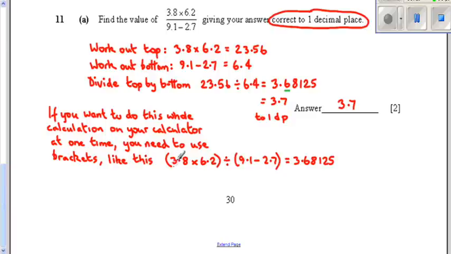So you start off with the bracket, 3.8 multiplied by 6.2, close the bracket, then divide, open another bracket, 9.1 minus 2.7, close the bracket, press equals, and you get exactly the same answer. And then you round that to 3.7, the same as above.